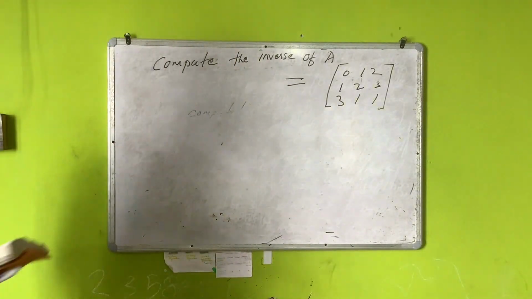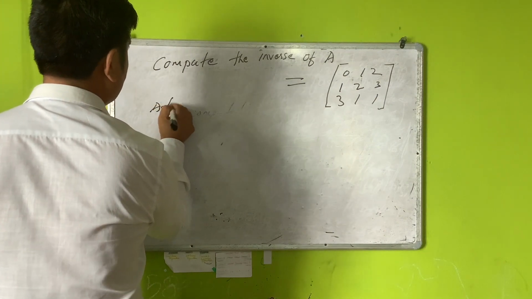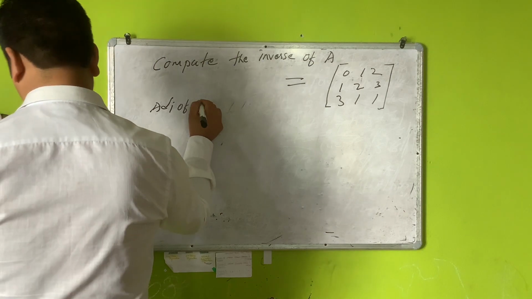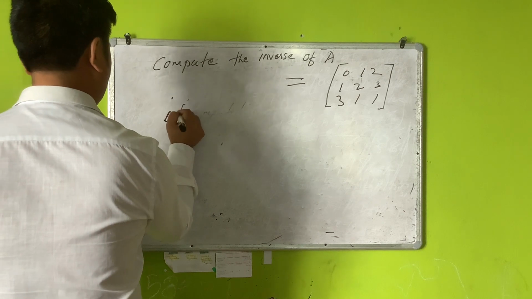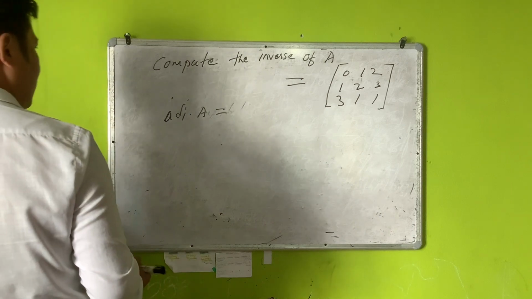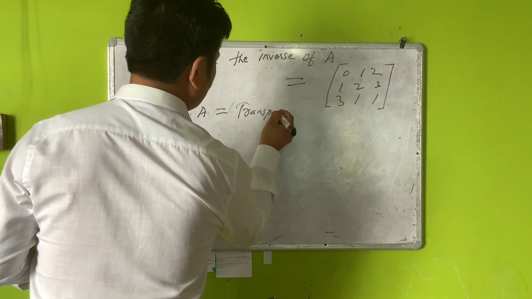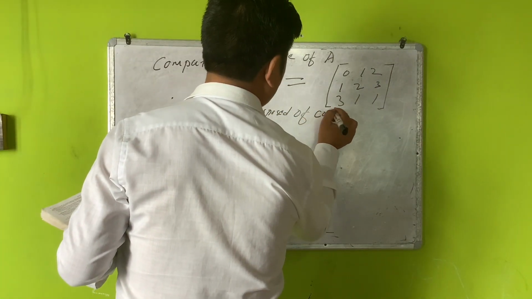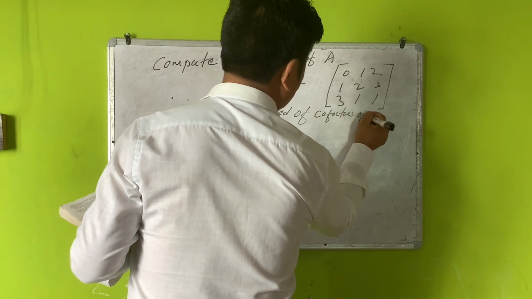Adjoint of A. Adjoint of A means what? Transpose of cofactors of elements.